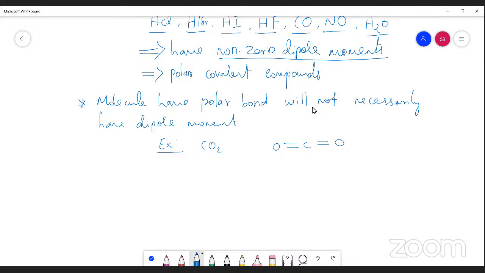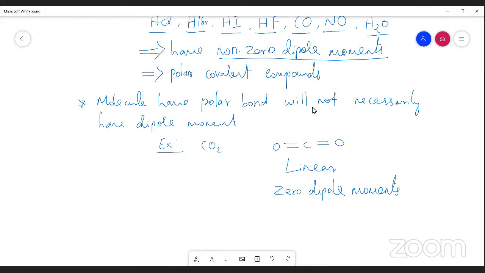It is a linear compound. But it has two polar covalent bonds.